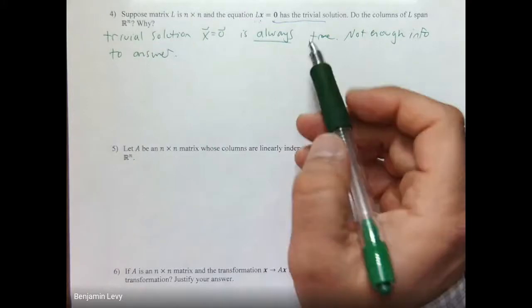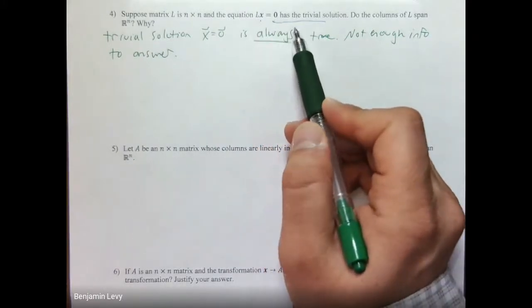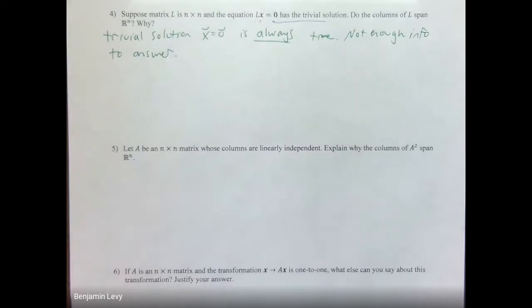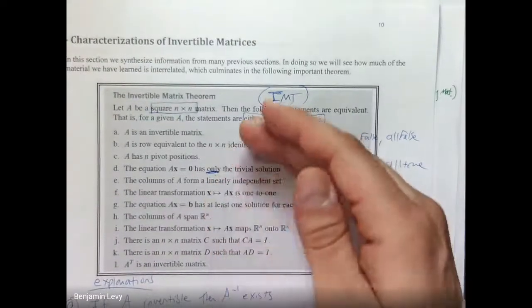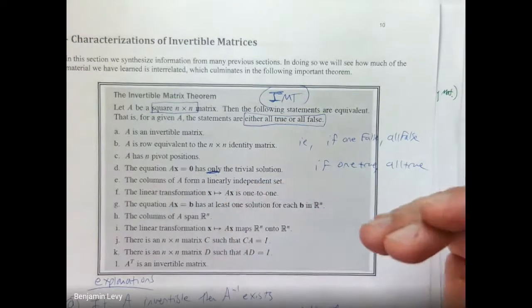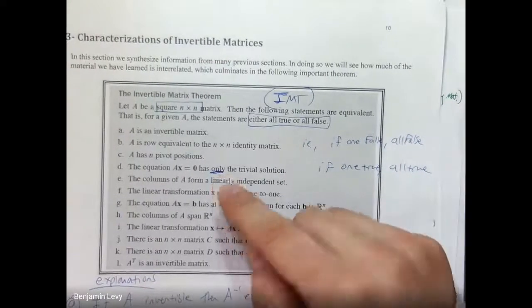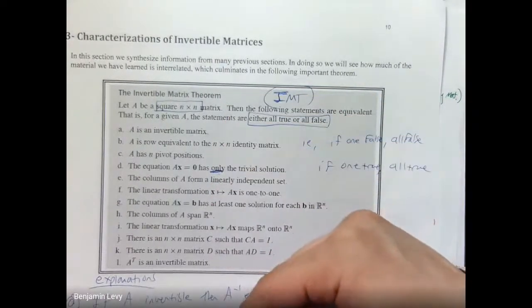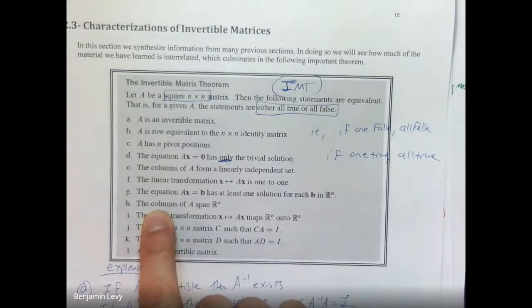Let's say the word only was in there. So let's say it said Lx equals 0 has only the trivial solution. Then that would mean part B is true, which would mean the whole thing is true, which would mean that there's a pivot in every row and the columns would span Rn. So with that word only, we get all of them being true, which in particular gives us the answer to this one, right?